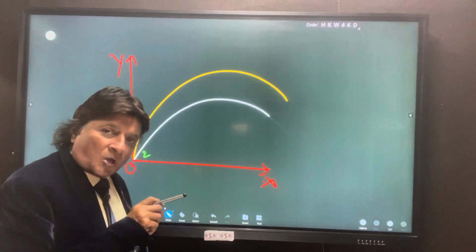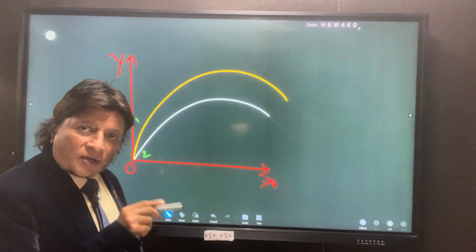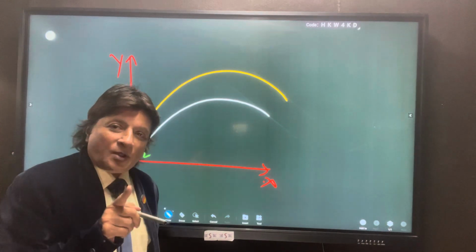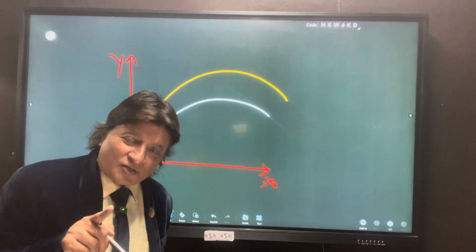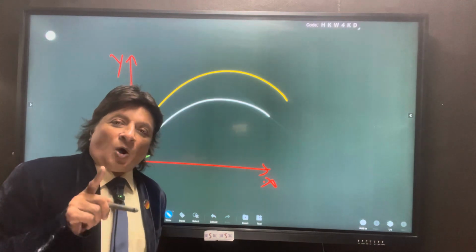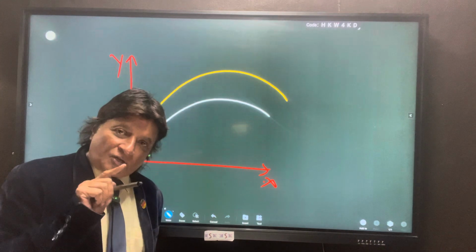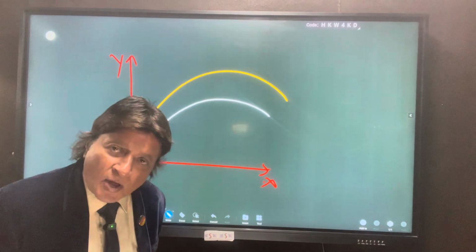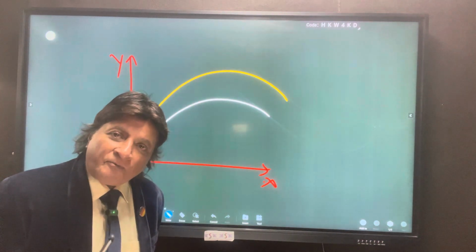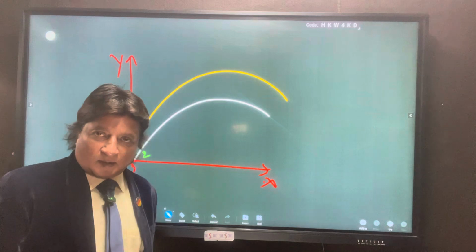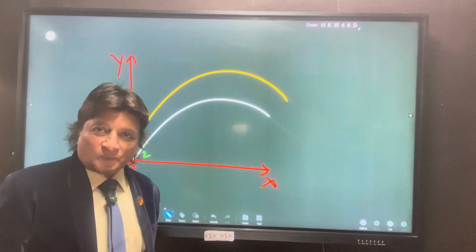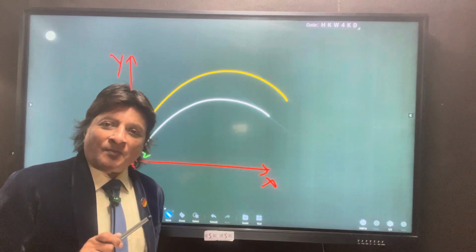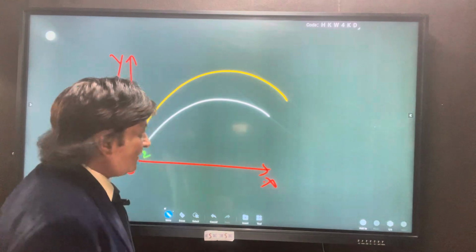And the observer is not a stationary observer, which means the observer is not in a stationary frame. The observer is in the frame of the projectile.